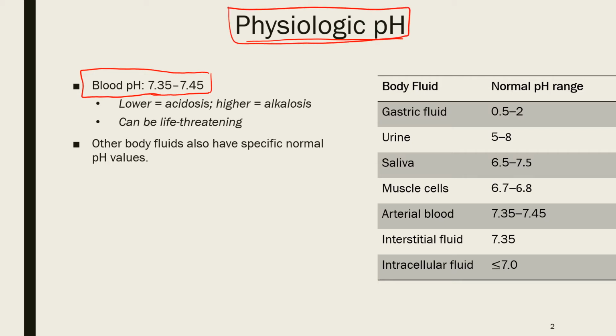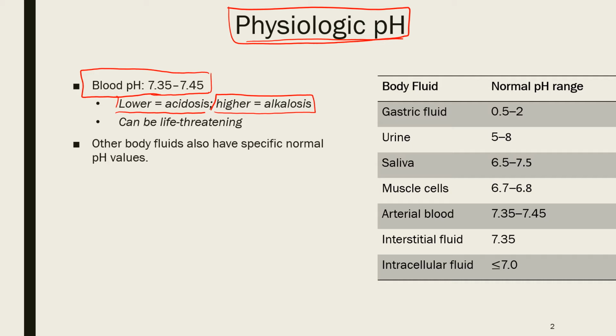When blood plasma pH falls below 7.35, it causes a medical condition called acidosis. If the blood plasma pH rises above 7.45, then it causes a medical condition called alkalosis. Both acidosis and alkalosis are life-threatening conditions.